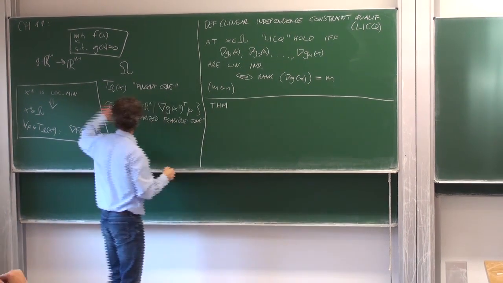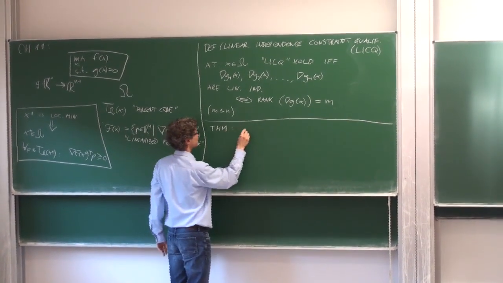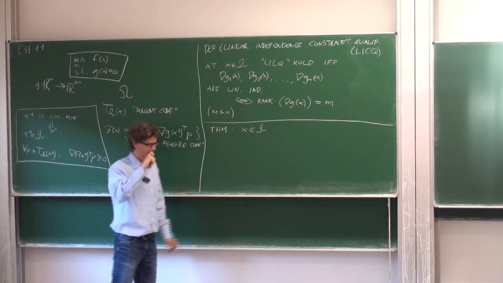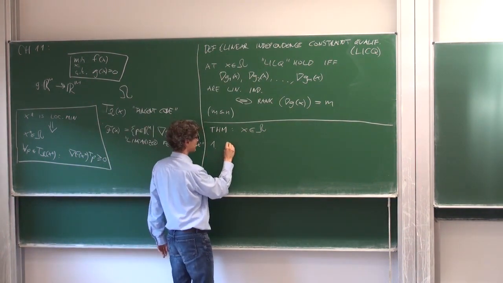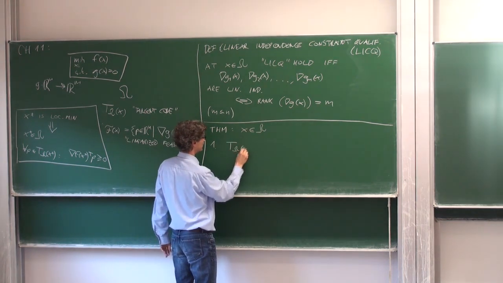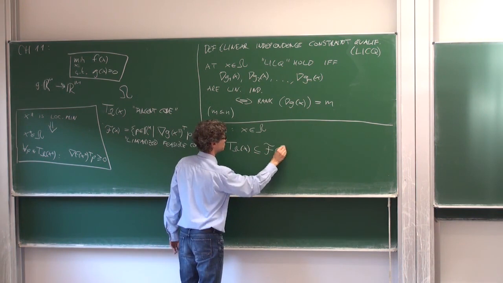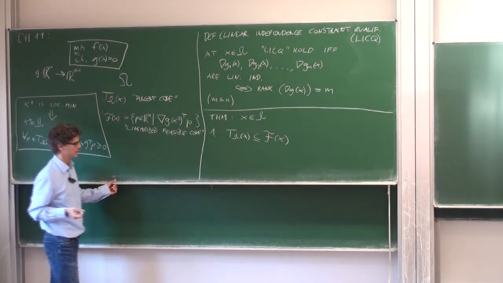It's making a relation between these two objects. And the theorem consists of two parts. So x element in omega, that's the condition we start with, and then it just says first that the tangent cone is a subset of the linearized feasible cone. That's something that is independent of LICQ.